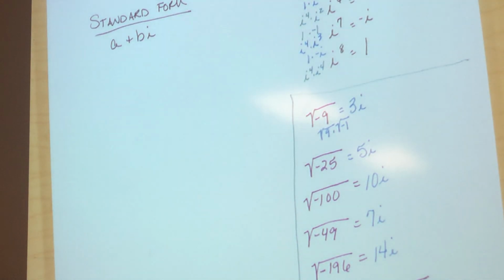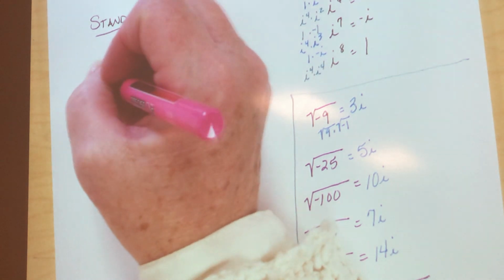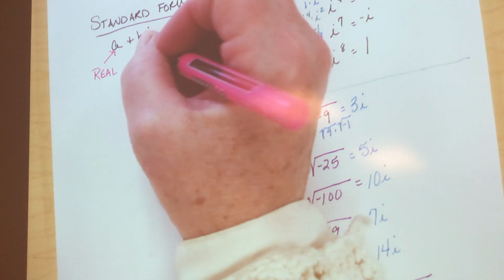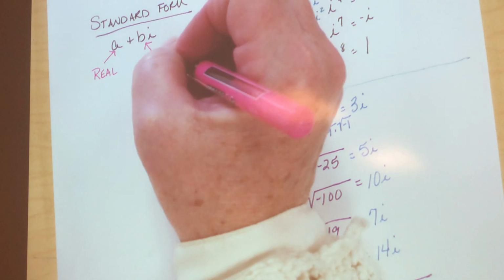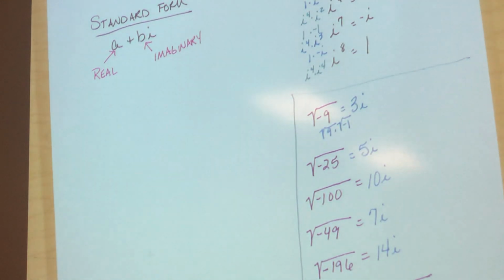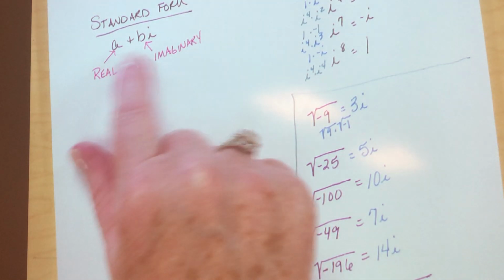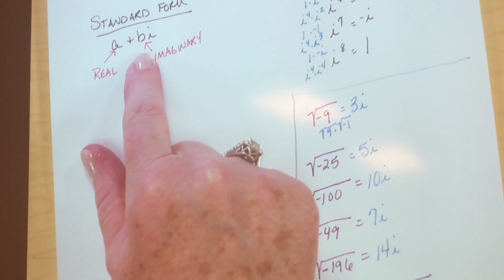This a is my real part, and this bi is my imaginary part. Notice that the real part comes first and the imaginary part comes second.